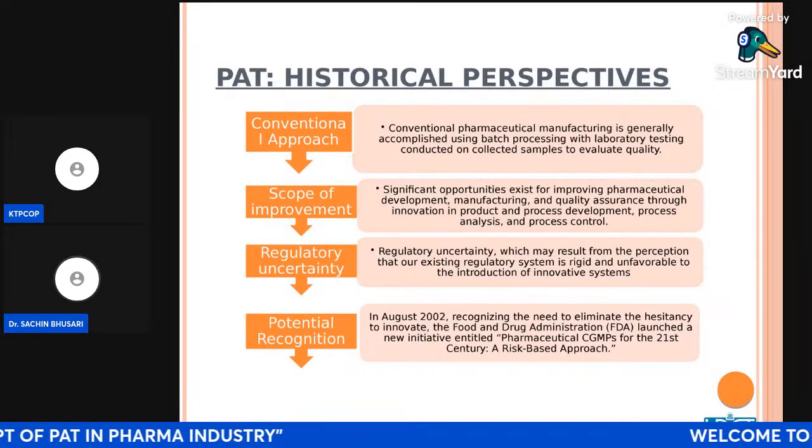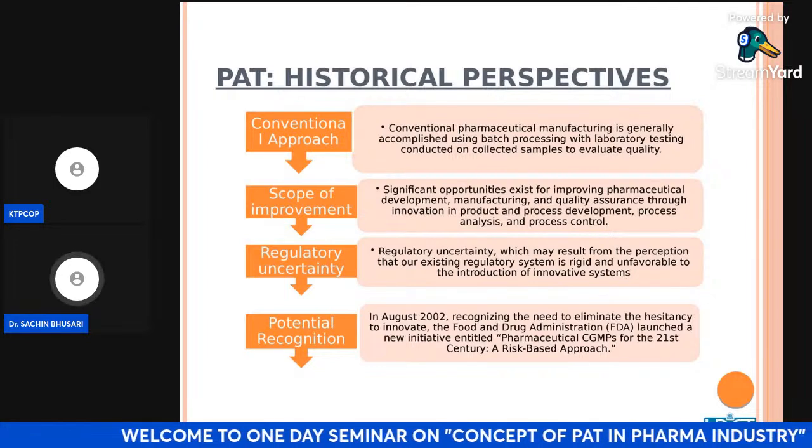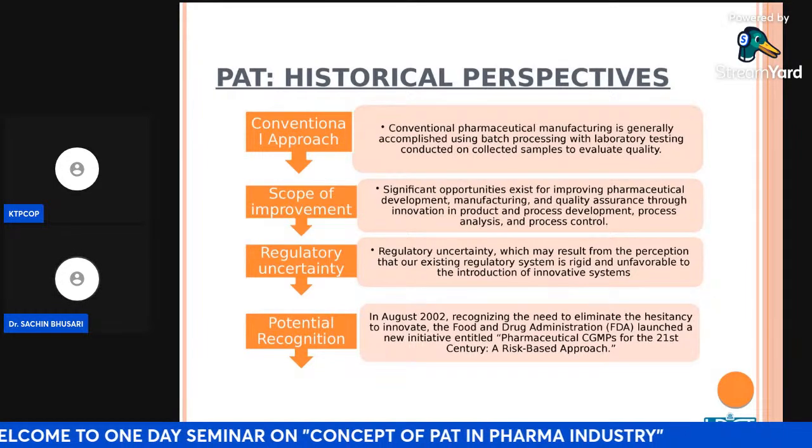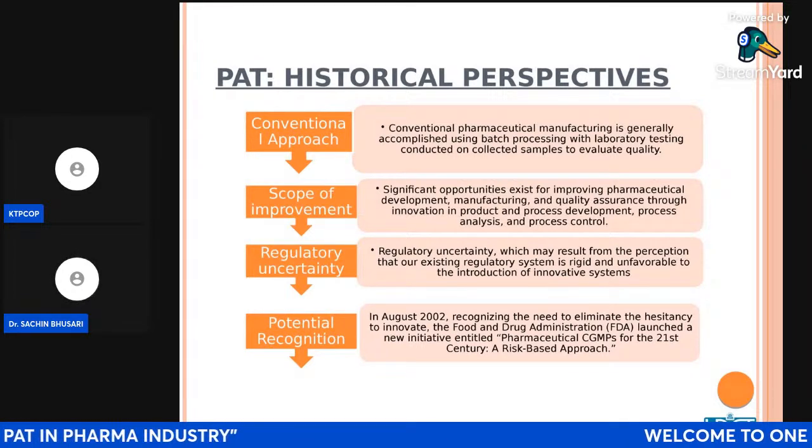Based on that, again there was one technical hitch of regulatory uncertainty. As you know, pharmaceuticals as well as the food sector is a regulated sector. We all are bound to regulatory authorities, and it's very simple.